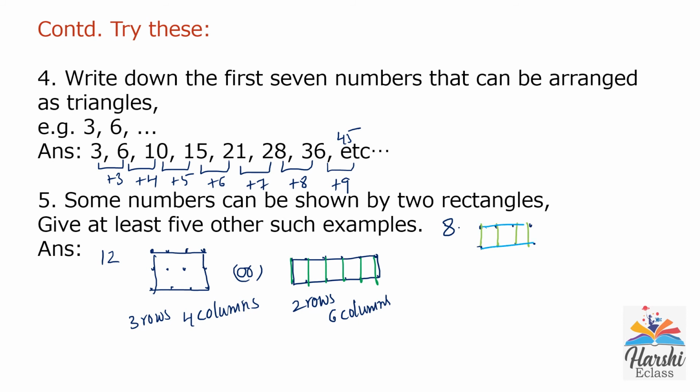Another form of arranging in a rectangle is 4 rows and 2 columns. Like this we can arrange 24, 34. We can arrange in 2 rectangular forms.